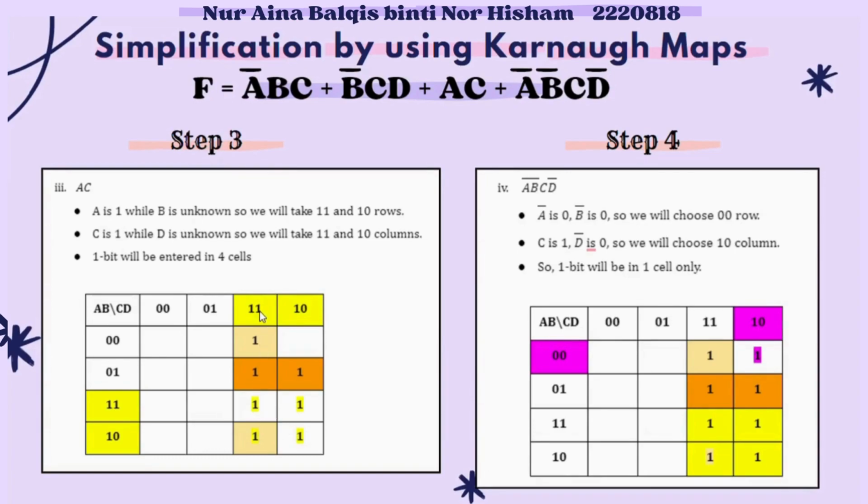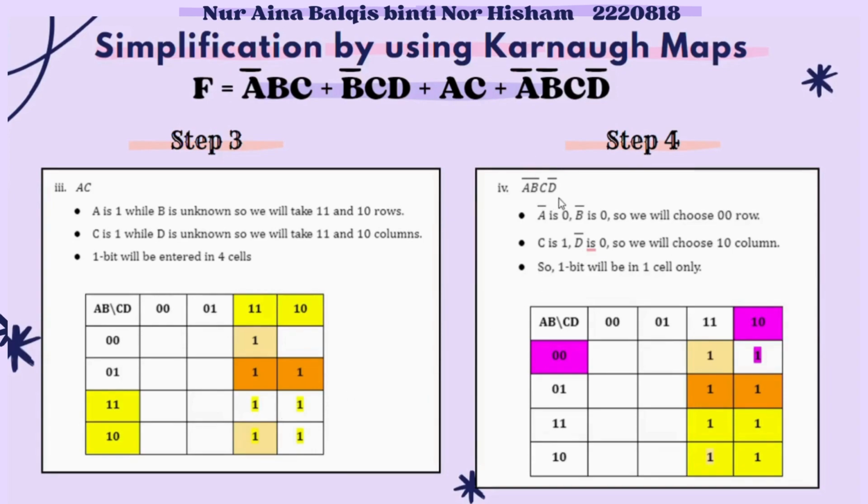And then C is 1 while D is unknown, so we will take both possible columns to highlight, and then there are 4 cells with 1 bit because there are both from columns and rows.